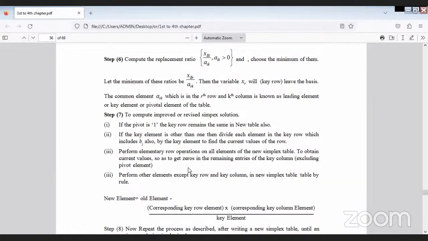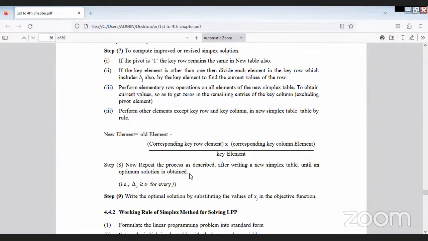So perform the elementary row operations. Now repeat the same procedure this time, until delta j is greater than 0. Perform the elementary row operations on all elements of the new simplex table to obtain current values, so that we get zeros in the remaining entries of the key column of the pivot element. Perform the elements except key row and column in the new simplex table by the rule.